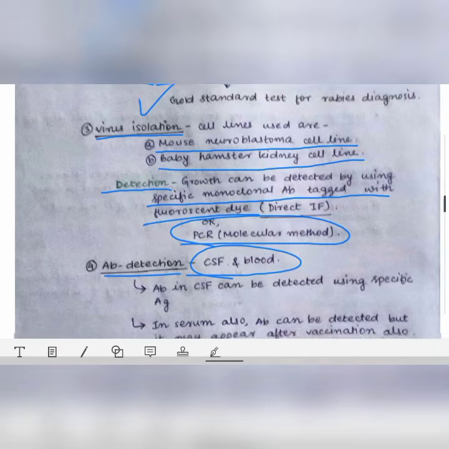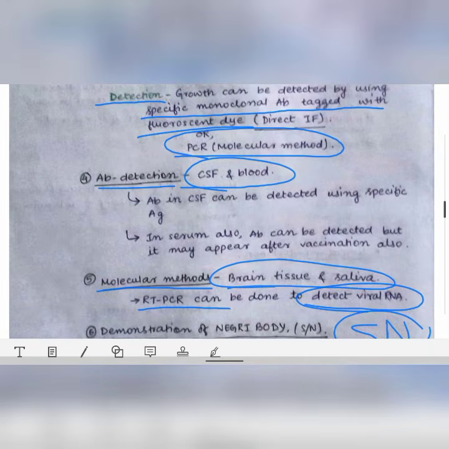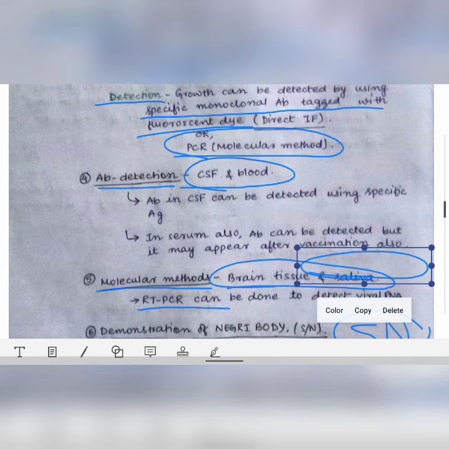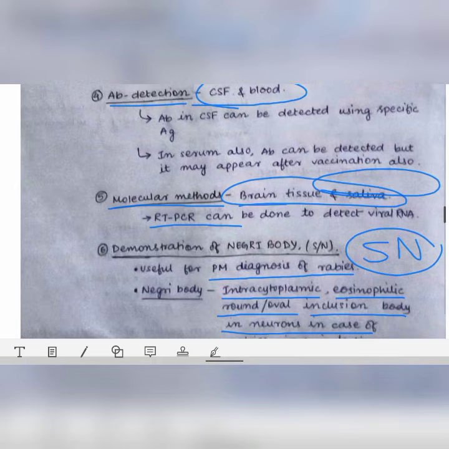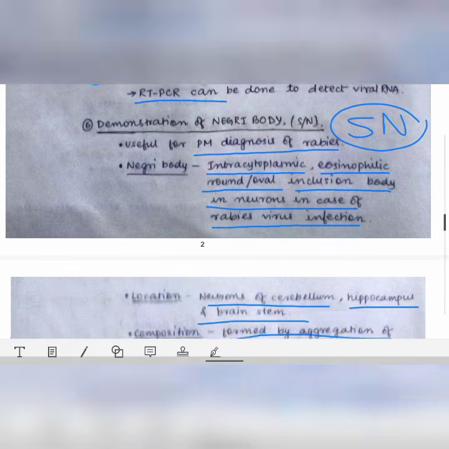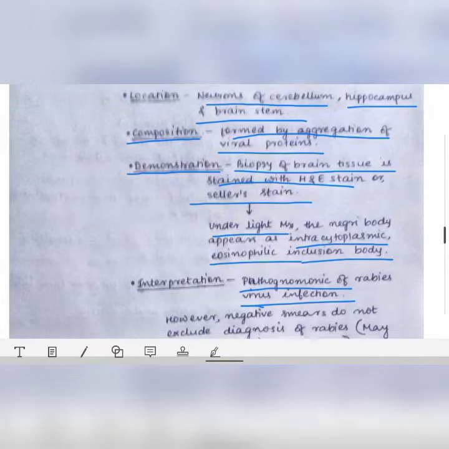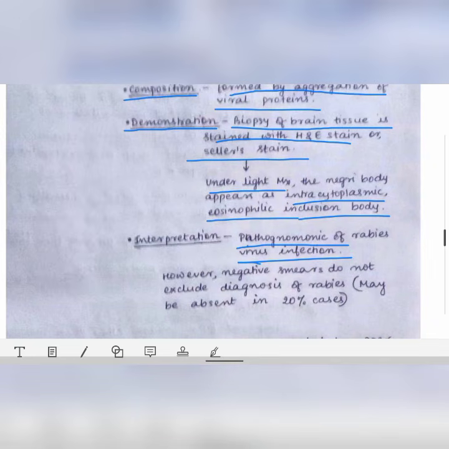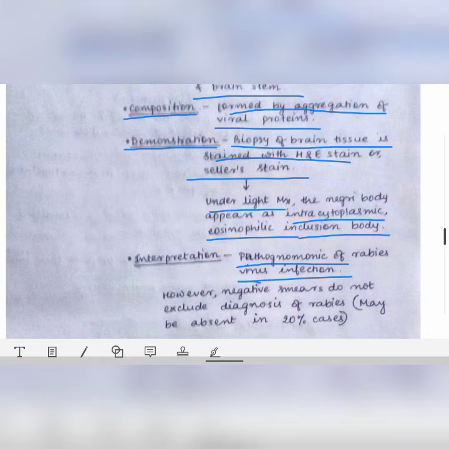Then virus isolation, which is done by using two cell lines. Then antibody detection in the CSF and blood. Then the molecular method, that is the RT-PCR method. Then demonstration of the Negri bodies, and interpretation after demonstration of the Negri bodies.